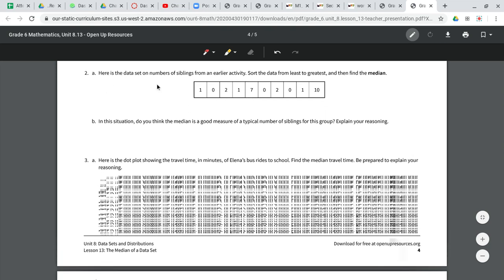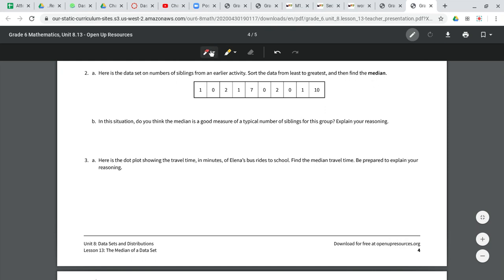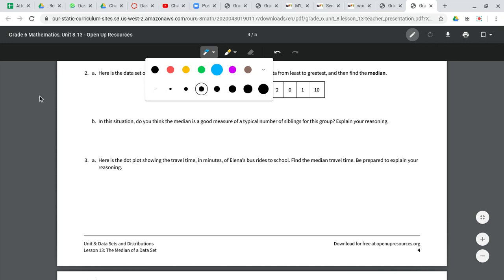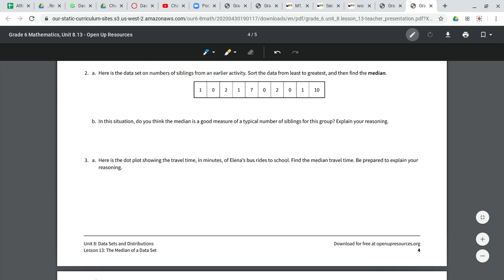Number 2, here's the data set on number of siblings from the previous activity, so the one we just did. We're going to sort the data from least to greatest and then find the median. So the median is another form of center. Median is also your keyword for this lesson. Okay, so we've got 3 zeros, 0, 0, 0.